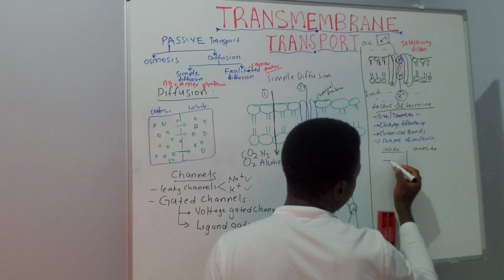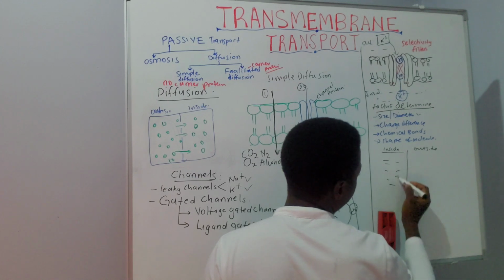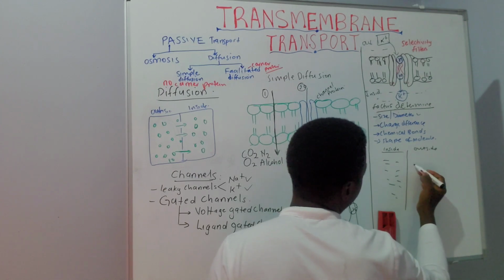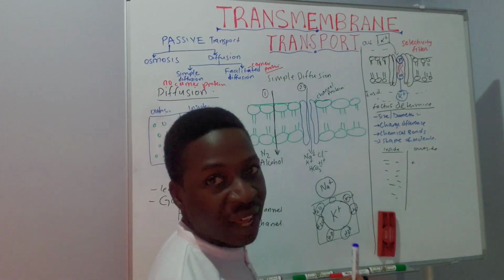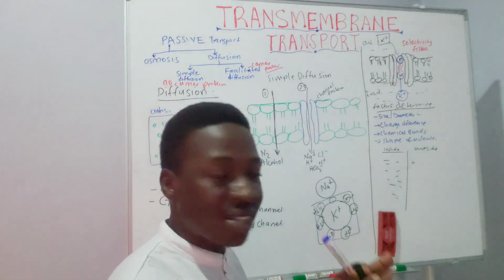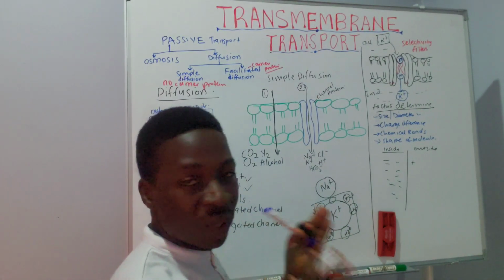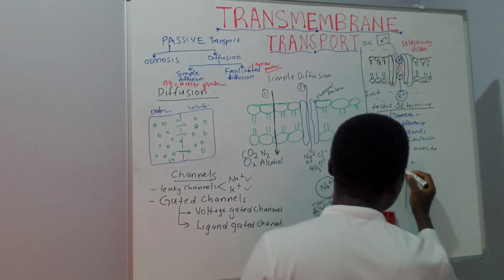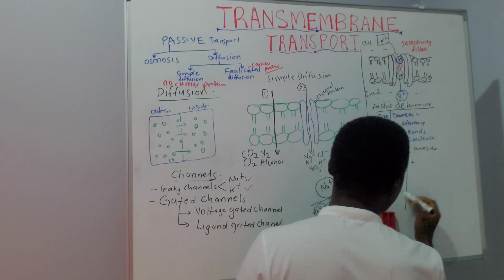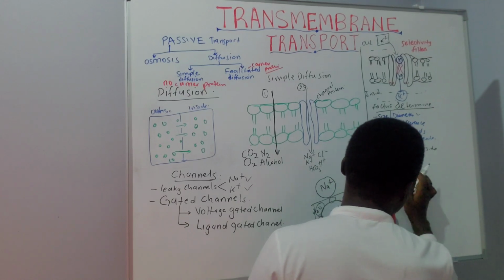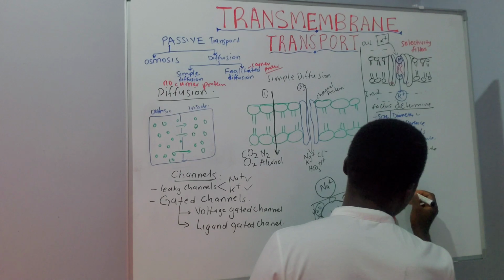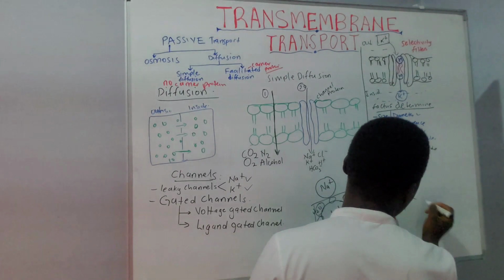On the inside, we have a lot of electronegativity compared to the outside. At this point, we're just looking at the negative ions. We have more negative ions on this side compared to the ions on the other side.